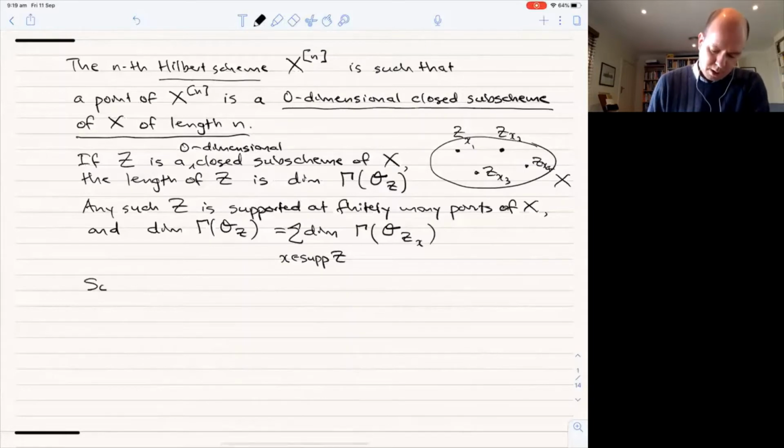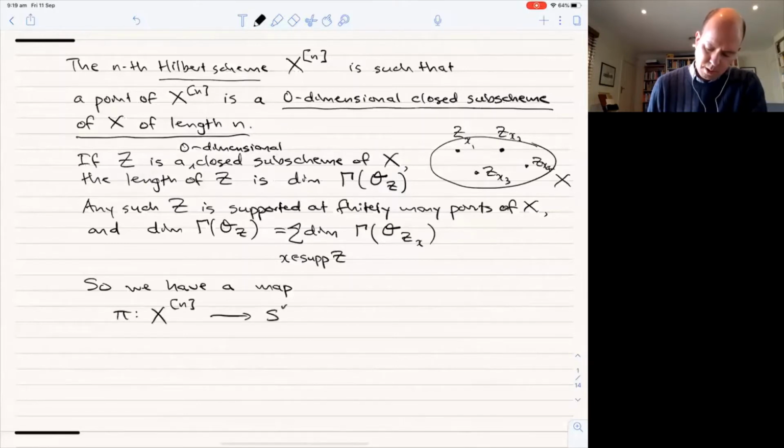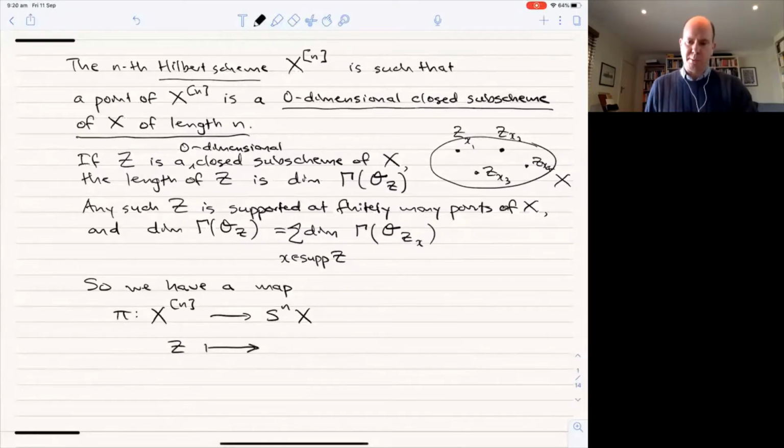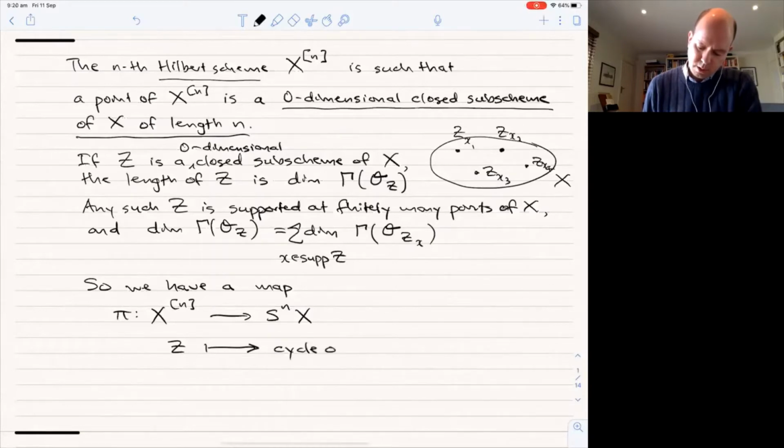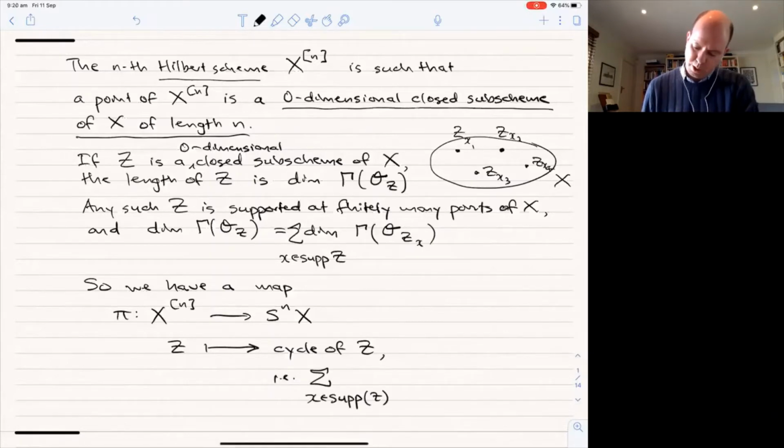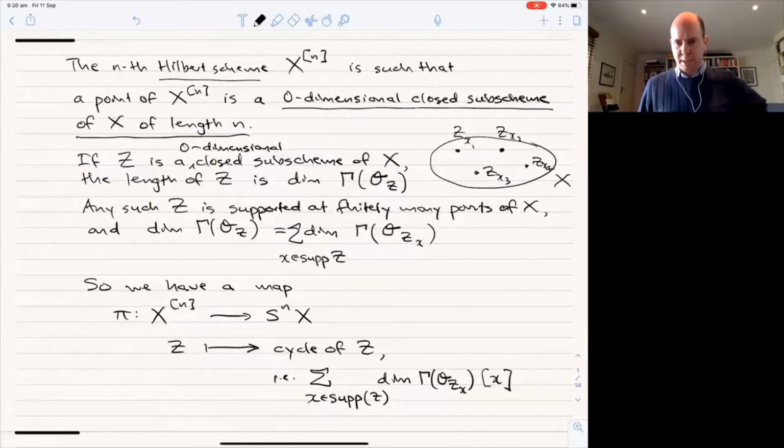The point is that we have a map from the Hilbert scheme to the nth symmetric power, which Nakajima calls pi, which takes one of these zero-dimensional closed subschemes and gives you what's called the cycle of Z, which is just the formal sum of the points in the support of Z, where you take each point as many times as the dimension of the localization of the structure sheaf of Z at that point. So this is the length of the localization of Z at x.